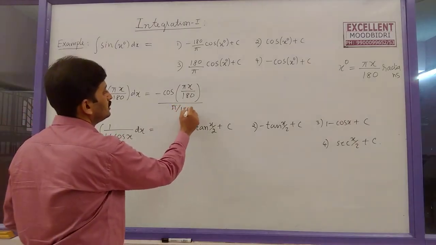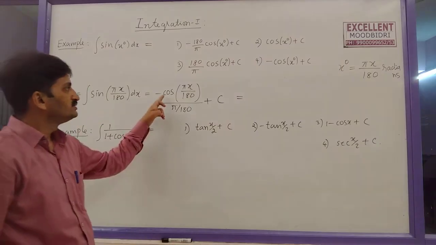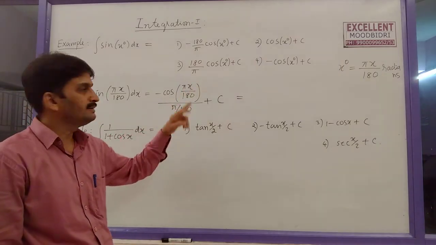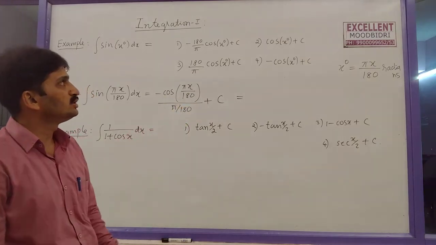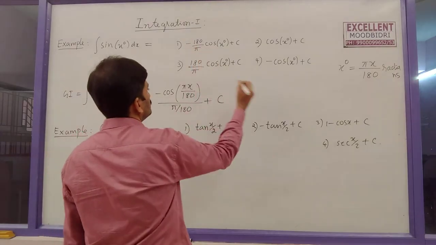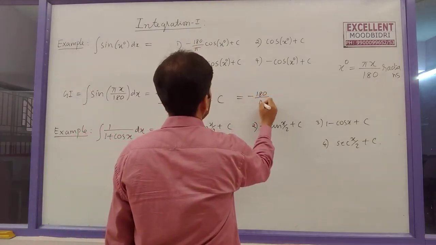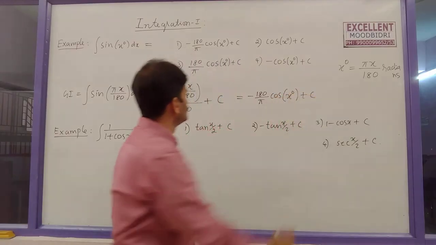So pi by 180 plus c, which is equal to, when you simplify this, what do you get? Pi by 180 goes to the top, it becomes 180 by pi. So minus 180 by pi cos pi x by 180. So which option? First option. So minus 180 by pi cos of x degrees plus c, correct?